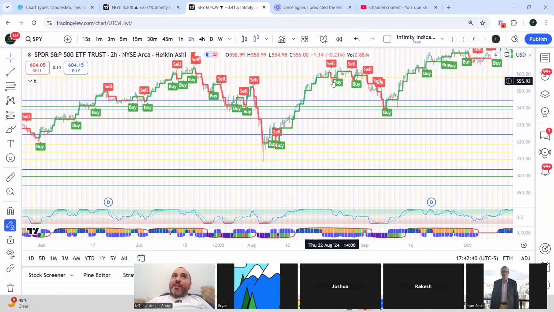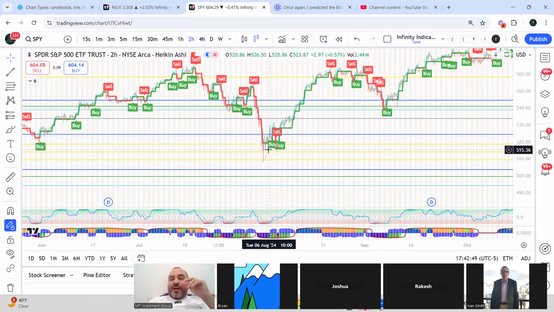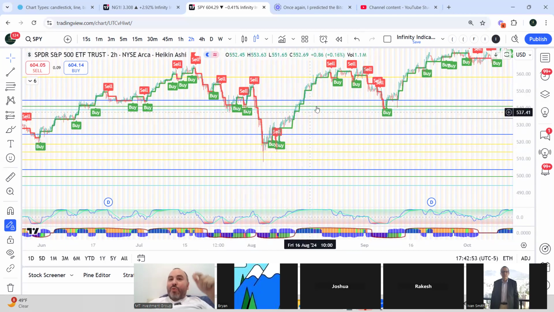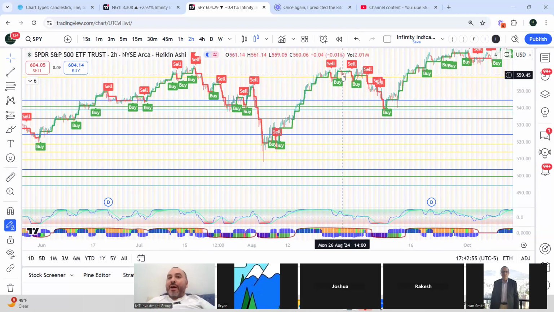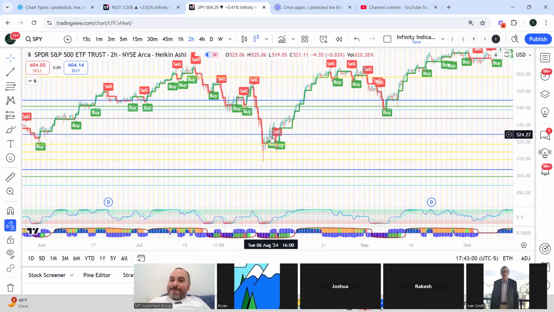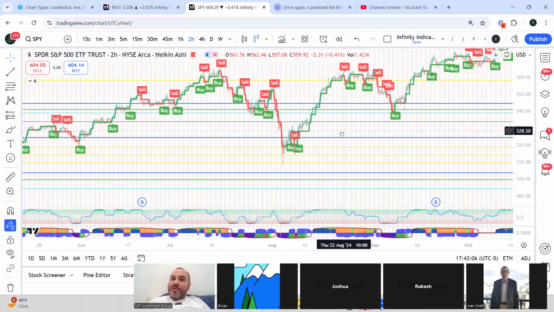The Fibonacci retracement is accurate enough to predict that after we see this bounce here, at some point we are going to get to this yellow line. Does that make sense? Yes. So you can use the indicator in combination with the Fibonacci retracement.